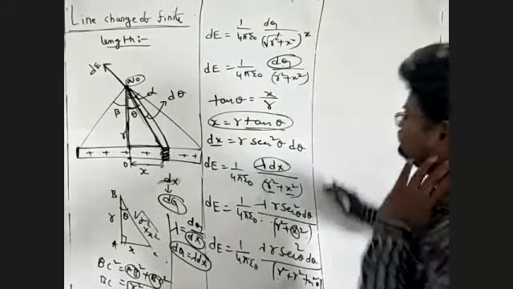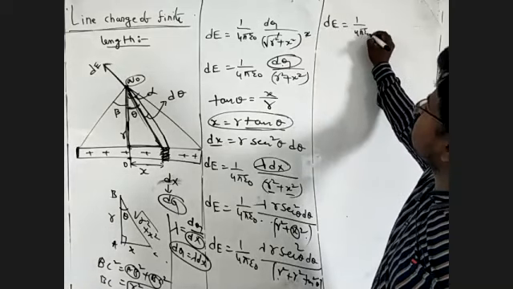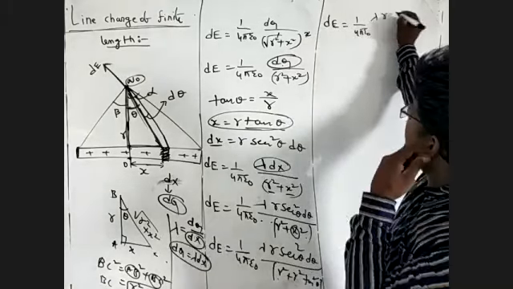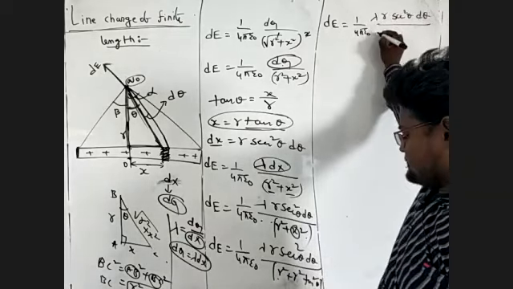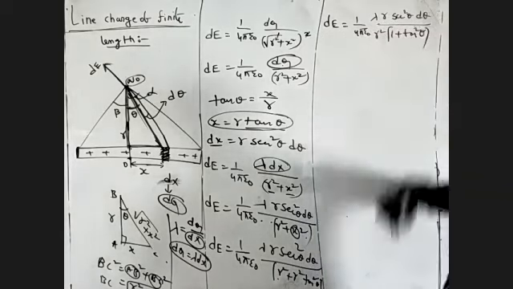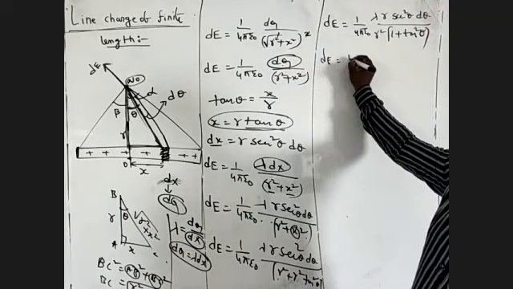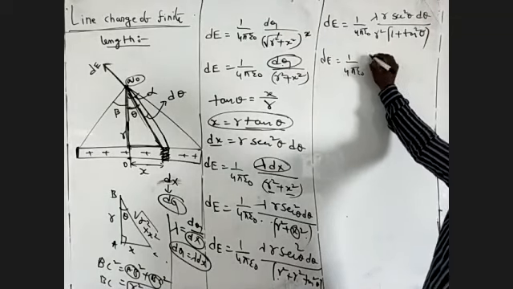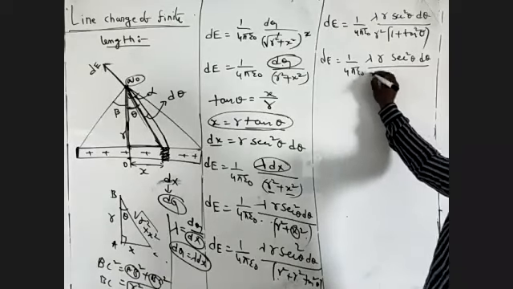Now take the common: 1 plus tan square theta, and 1 plus tan square theta means secant square theta.